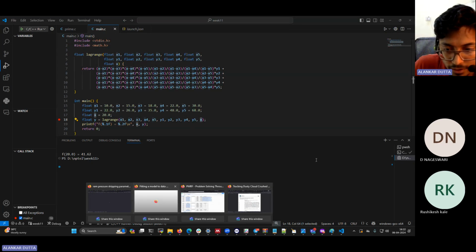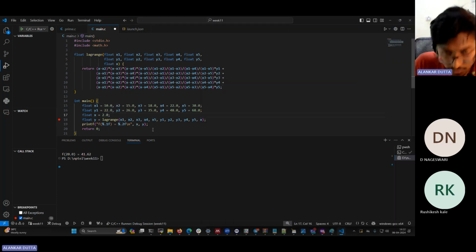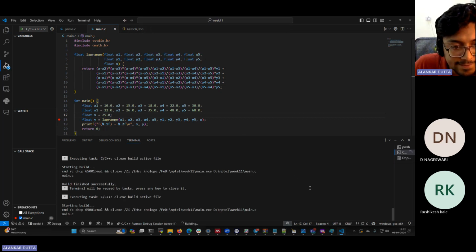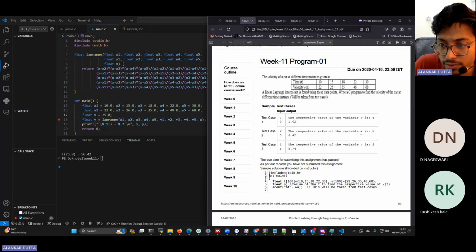Okay, so let's then go through the other test cases. I have 20, which gives me 41.62, and then after that, let's use the 25 value. Run the code once again, and I have 56.42. So let's again verify 56.42.